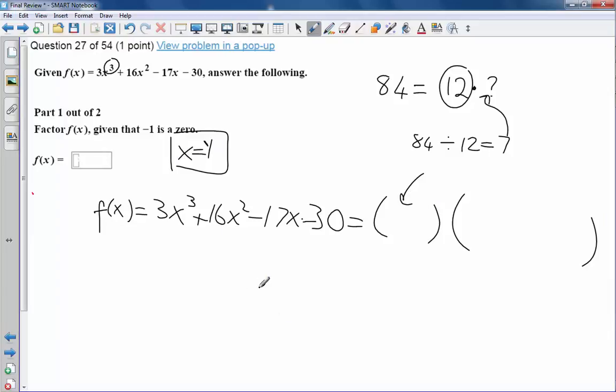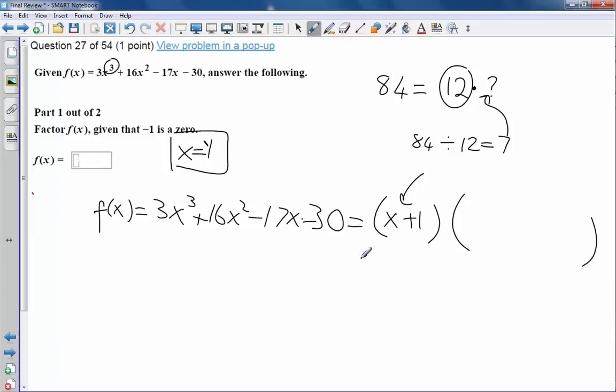If x equals minus 1 is the zero, what is that piece here? It has x. Anyone? If x equals minus 1 is 0, one of the factors of this polynomial is x minus 1? Plus 1. It's the opposite.